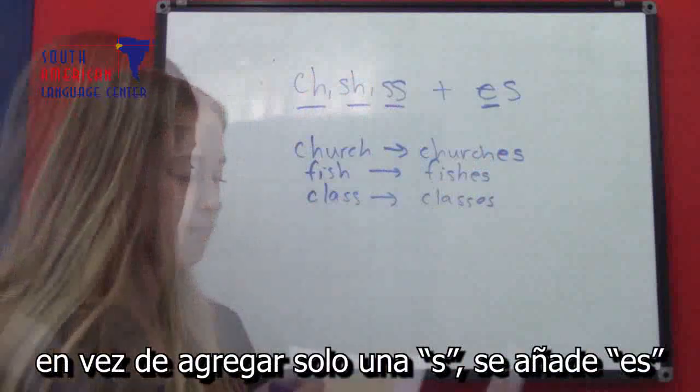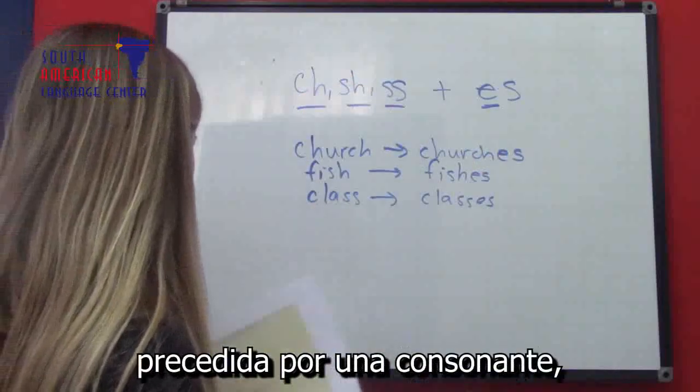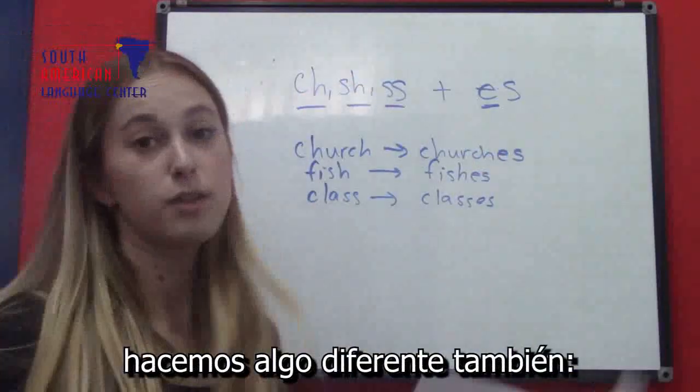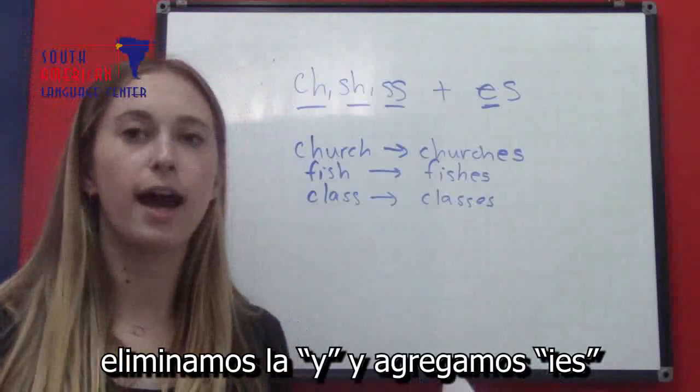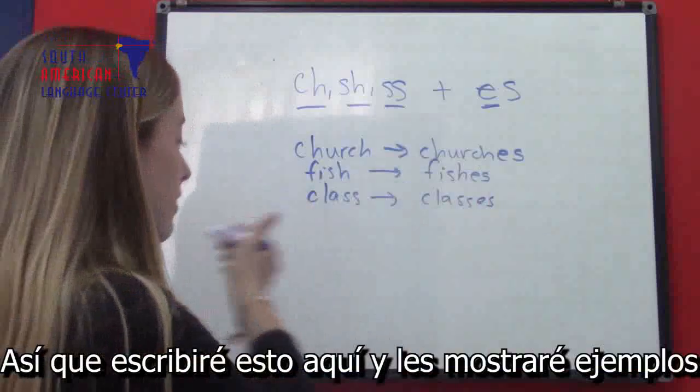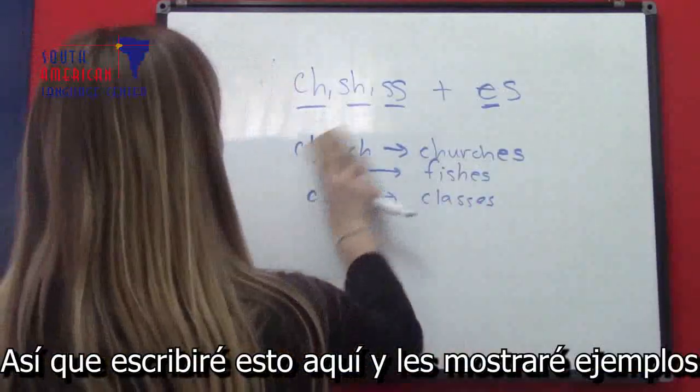So with nouns ending in CH, SH, and SS, instead of just adding an S, you add an ES. If the word ends in Y, preceded by a consonant, we do something different as well. We eliminate the Y and we add IES. So I'll write this here and show you some examples.